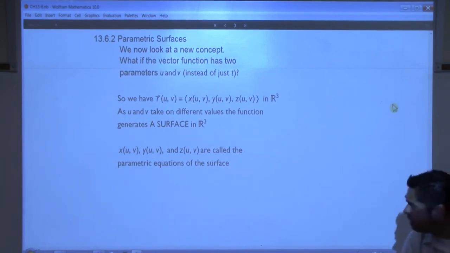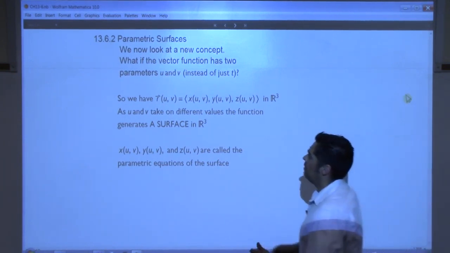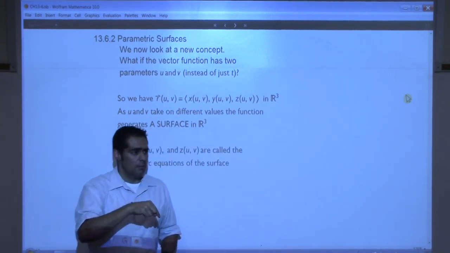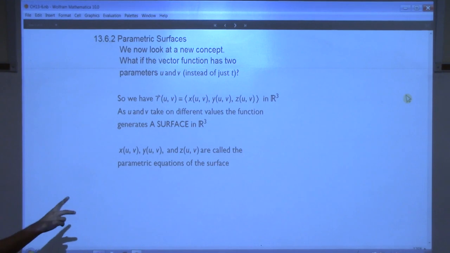Okay? If we have a vector function, and this time, instead of having one variable that we're plugging in, t, we plug in 2 variables, which we call u and v. I'm going to write this over here because it's going to be so important to us.